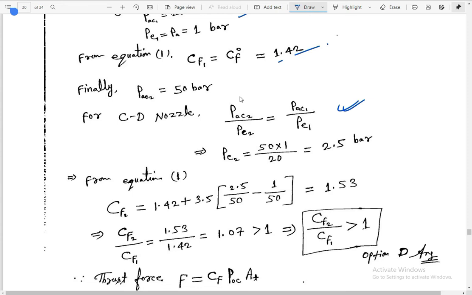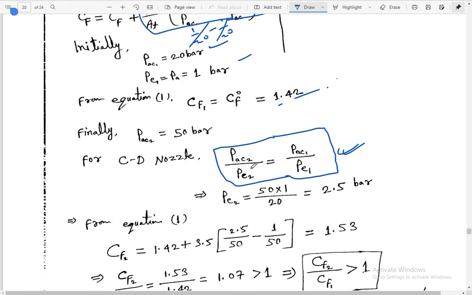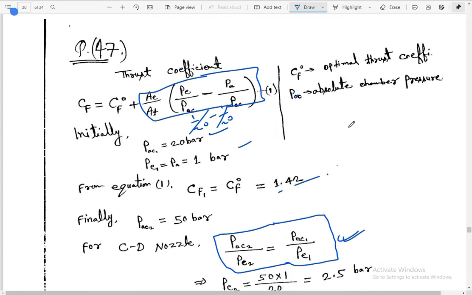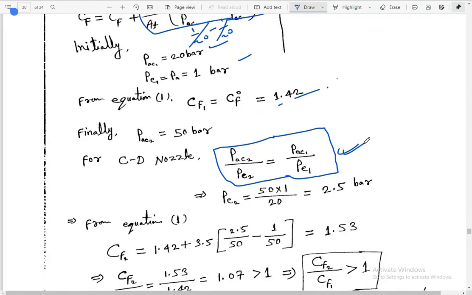So for the convergent divergent nozzle we have this condition: the absolute chamber pressure divided by exit pressure is equal to the absolute chamber pressure divided by PE1. We will find PE2 from here.